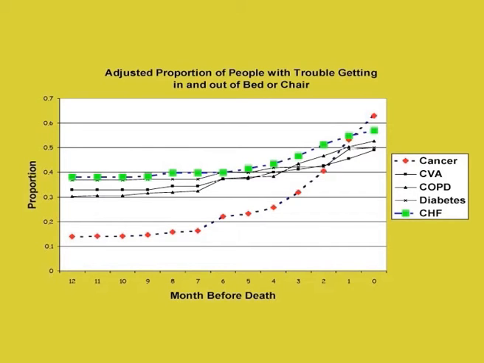Initially there are very few people who cannot get out of bed or chair, but as the disease progresses or as time elapses, there are more and more who are not able to get out, in other words, they are bedridden. Whereas compared with diabetes and other disorders, the patients are more or less in the same state.